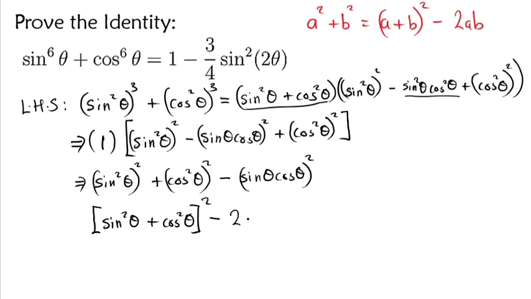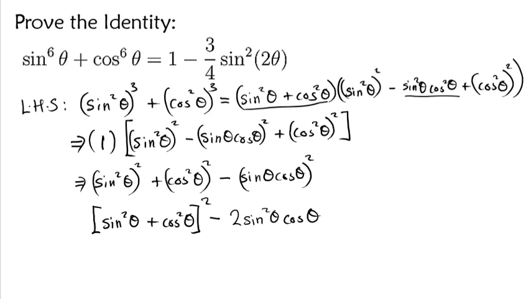So minus 2. A is sine, b is cos. So I've used that particular concept like we've just mentioned. Now, let's include the final part, which is a square as well. The final part is sine theta cos theta. And then all this is squared.